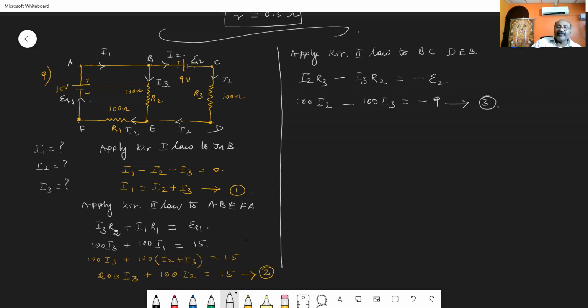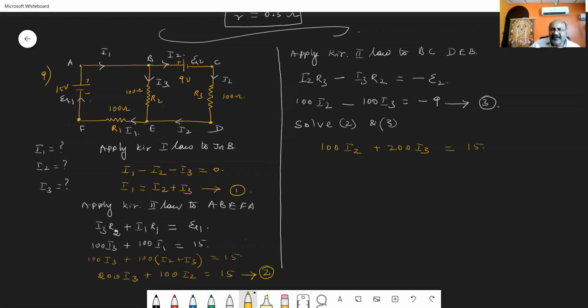Now solve equation 2 and equation 3. Take equation 2: 100 I2 plus 200 I3 equal to 15.